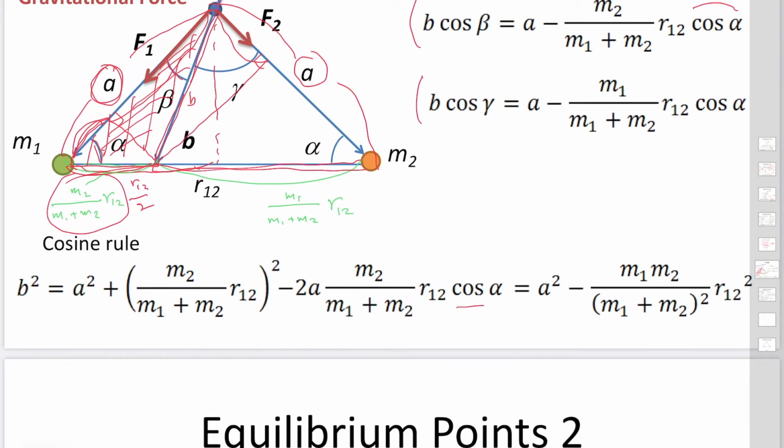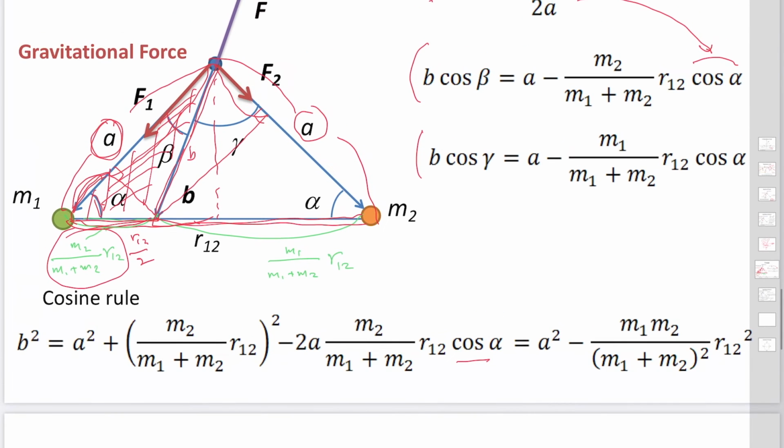This is the cosine rule. If you substitute the cosine alpha from here, you can get the equation. So this is equation 1, this is equation 2, this is equation 3. We apply these three equations in the next slide.